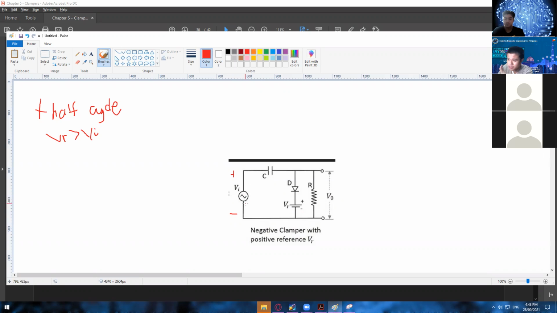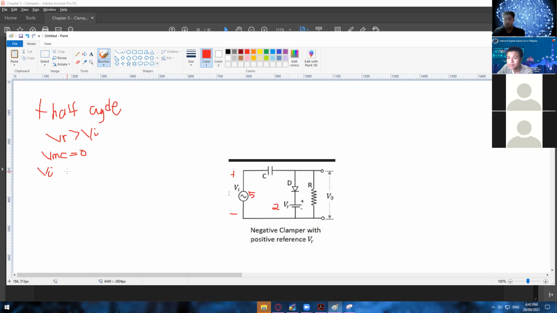So it will start with 0, 1, and so on and so forth. So let's assume that this one is again 5 volts and this one is 2 volts. So where will we start? Let's just say that during VR is greater than Vi, VMC is equal to 0, since there is no flow of current on this loop right here.